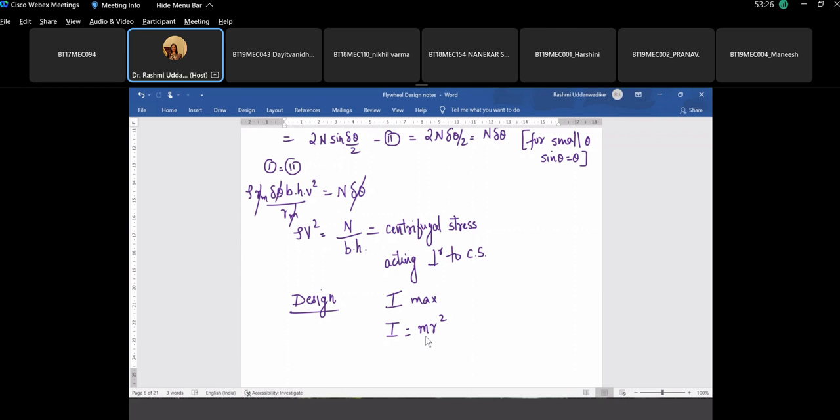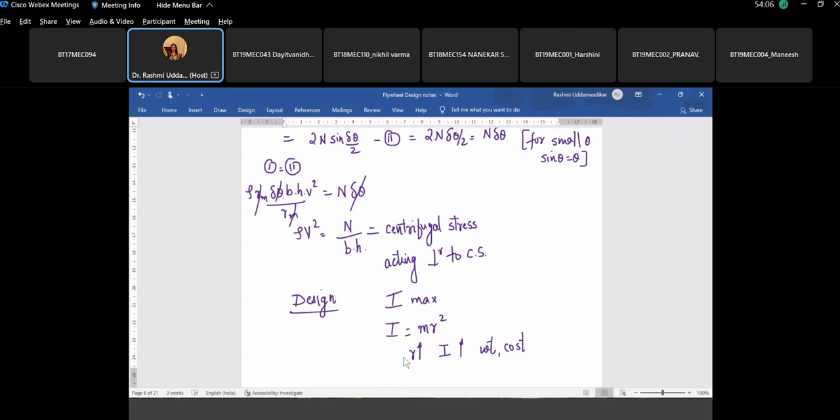To increase R. If you increase the mass, only the mass, then the weight increases and the cost increases and the amount of material that is required increases. But if you increase the value of R, then since I is proportional to square of R, it's always better to increase R and reduce M. So we'll always try to maximize the value of R. Moment of inertia increases by square of R with the increase in R, and this is not increasing the weight and hence it is not increasing the cost.